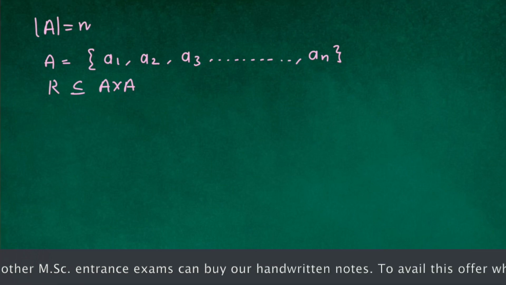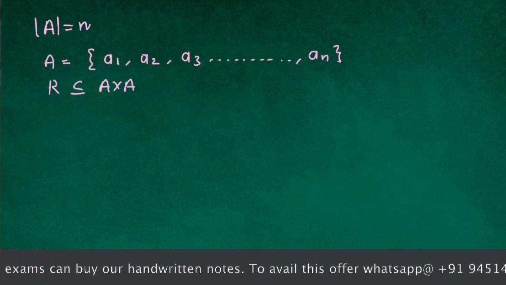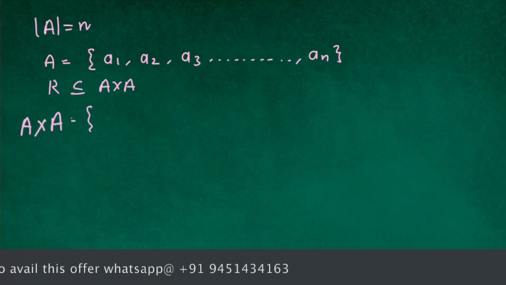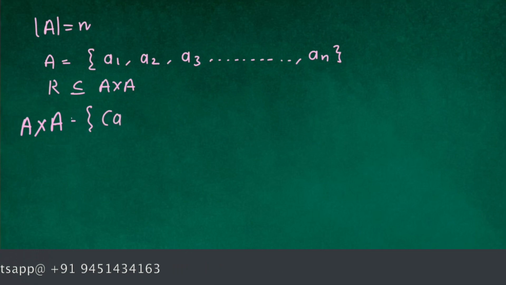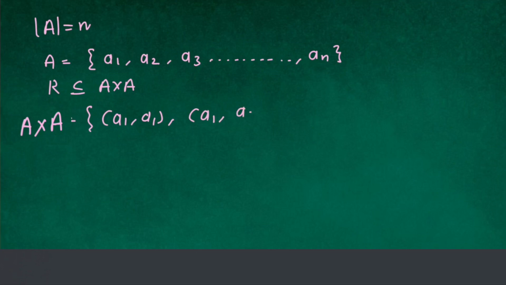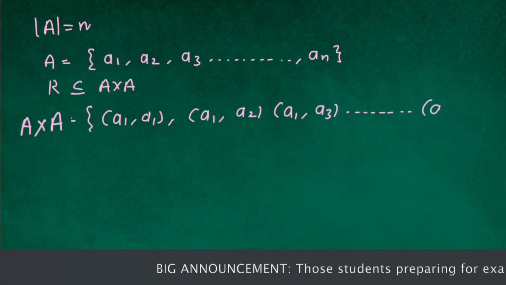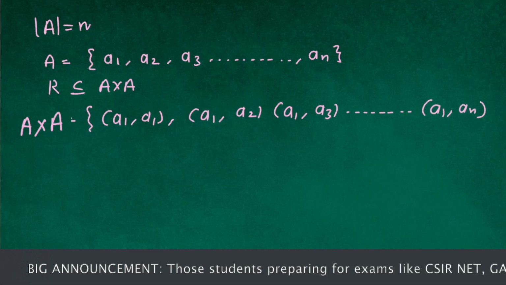So here R is a subset of A cross A, and this set A cross A has elements of type ordered pair. So it will be (A1, A1), (A1, A2), (A1, A3) and (A1, An).